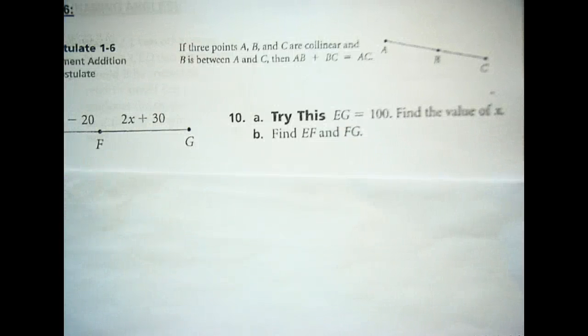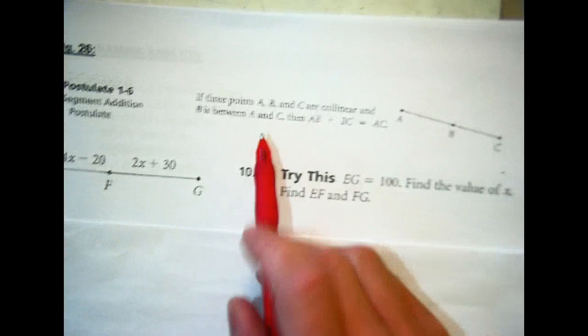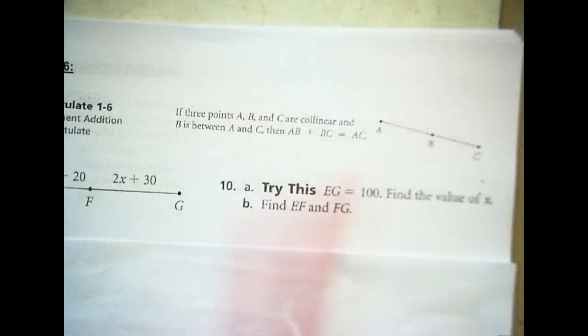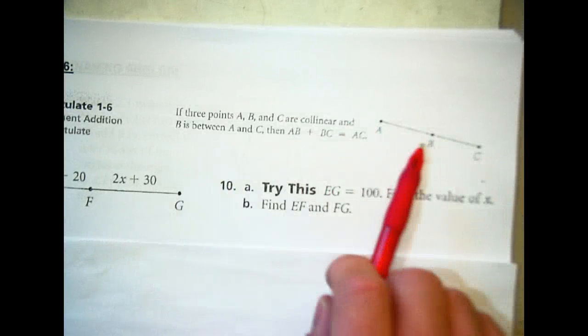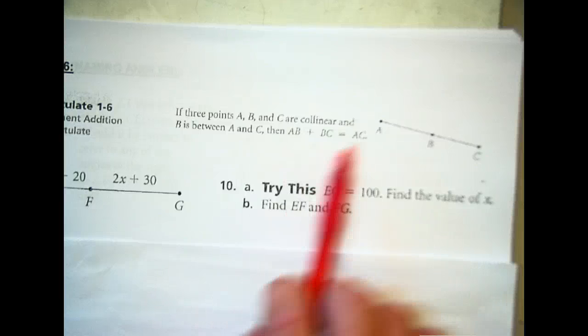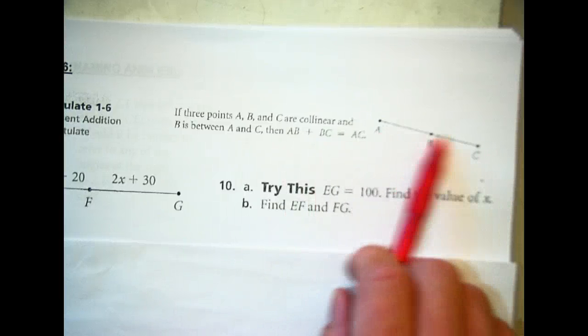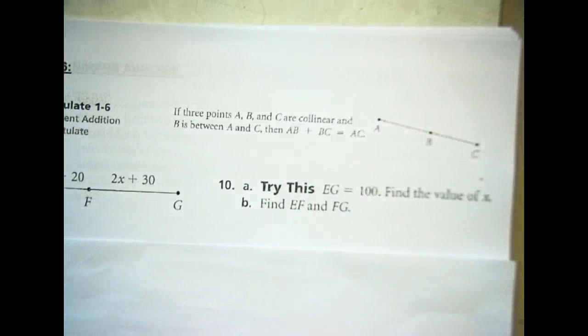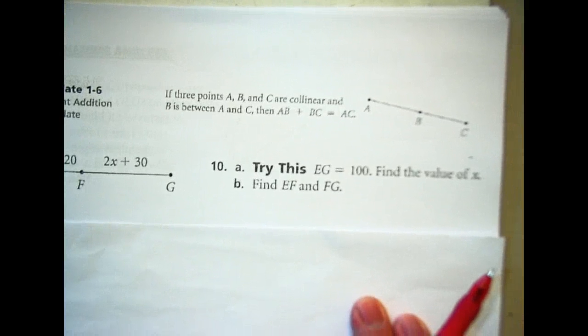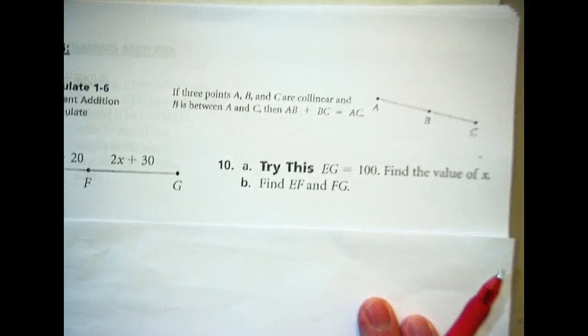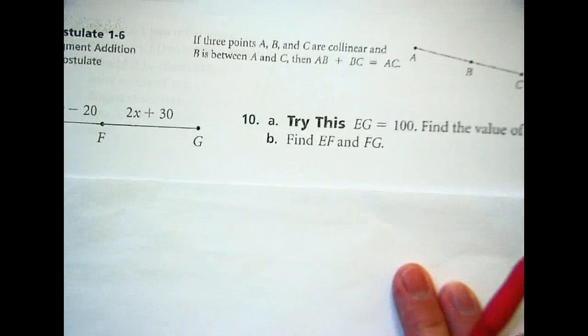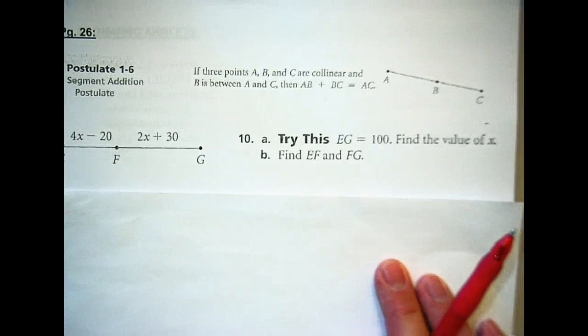All right, postulate 1-6. If 3 points A, B, and C are collinear, and B is between A and C, then AB plus BC equals AC. You guys got to tell me if that's blurry. So, by the way, that's the segment addition postulate.